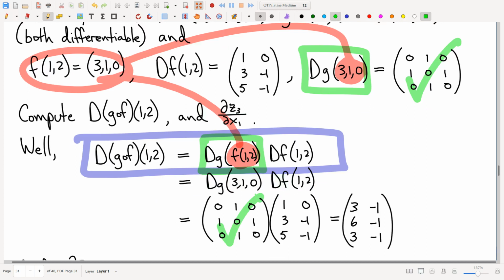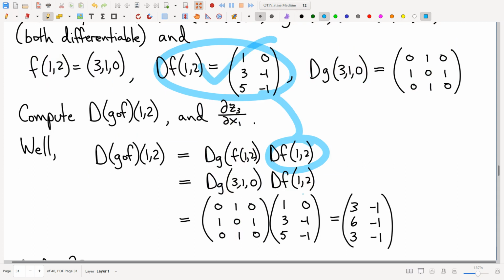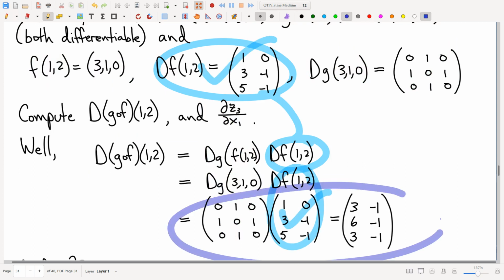Everybody happy? Okay. Even easier for the other one, DF of 1, 2. Well, I was straight up given that, so boom, that's this. And then you matrix multiply, a little bit of arithmetic. I'm sure y'all can do that. And there's your derivative matrix. Okay, so very plug and chug.